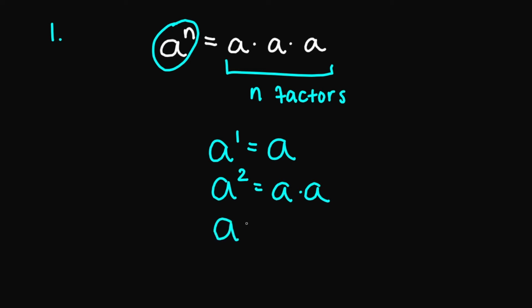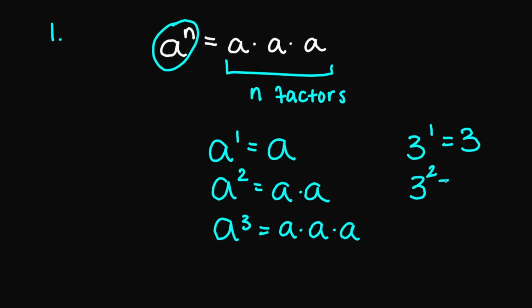If you had a to the 3rd power, this is going to be a times a times a. And let's use numbers. 3 to the 1 power equals 3. 3 to the 2nd power equals 3 times 3, which is going to equal 9. And then 3 to the 3rd power is 3 times 3 times 3, and this is going to equal 27.